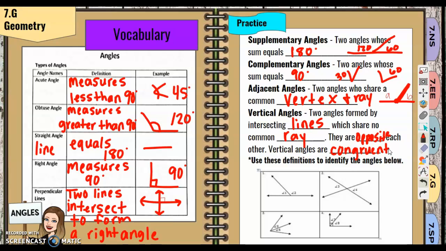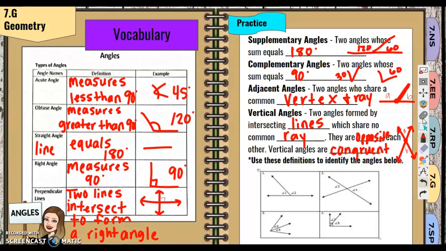So congruency means that they have the same measure for both angles. That would look like this. Angle A and angle B share this vertex or this point, and you'll see it looks like a V that's flipped upside down, and they're both equal to each other. They have the same measure.